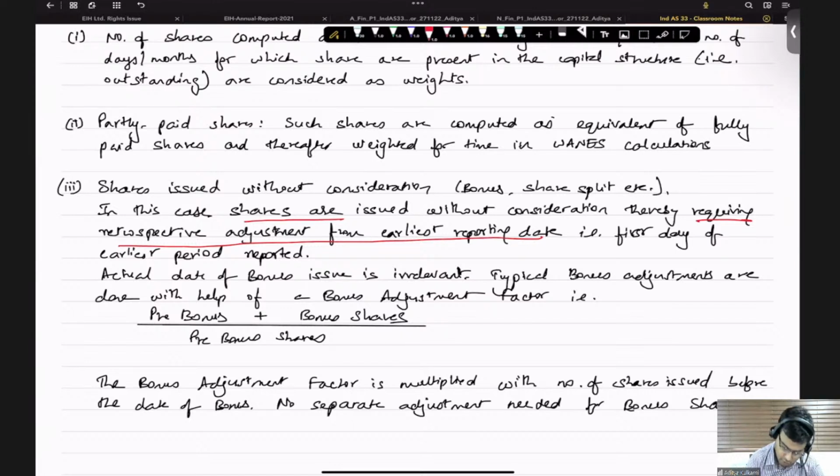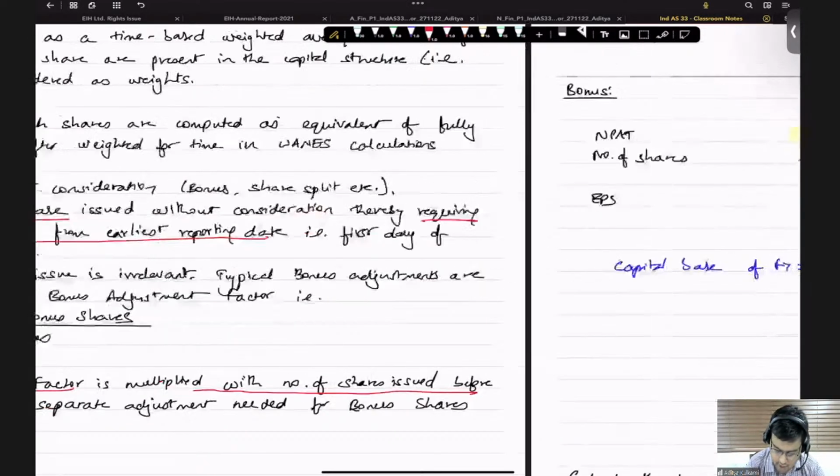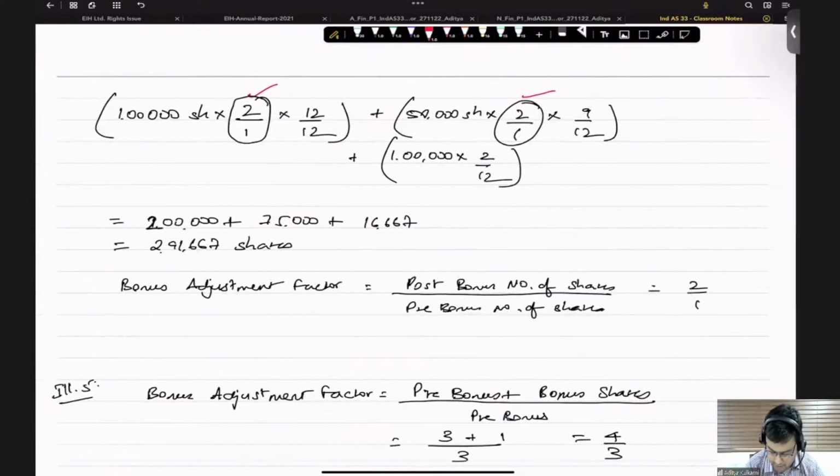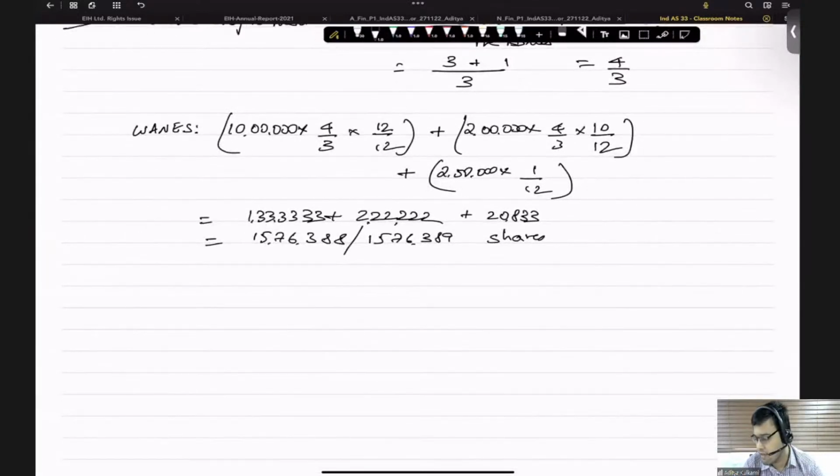So the bonus adjustment factor is multiplied with the number of shares issued before the date of bonus. So the same factor is going to be utilized. Is it okay? All clear?